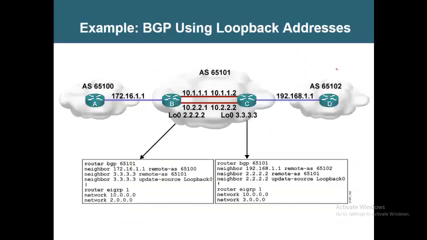You see in this example, there are two paths between B and C. So we are saying update loopback 0, so that this will be the source address when this sends to this neighbor 3333. Likewise, in router 3, whenever it talks to 2222, 3333 will be the source address, which is matching here. That should match with the remote router's neighbor statement. All right, so these things we need to see in our lab.